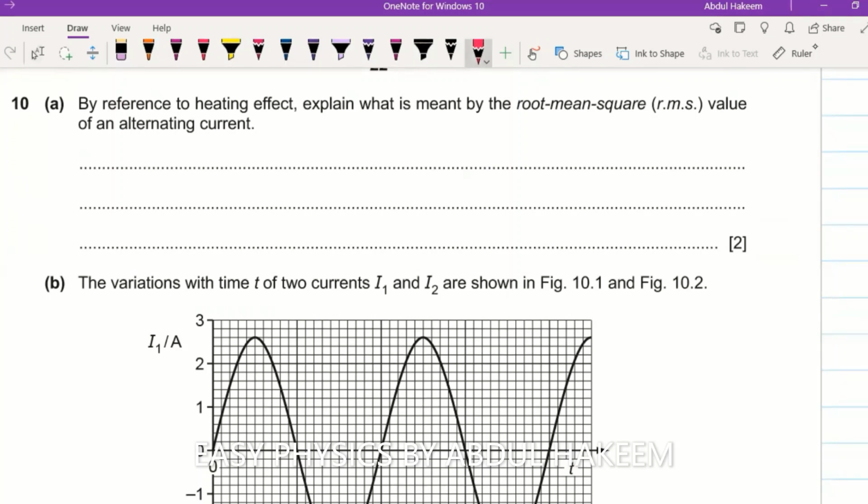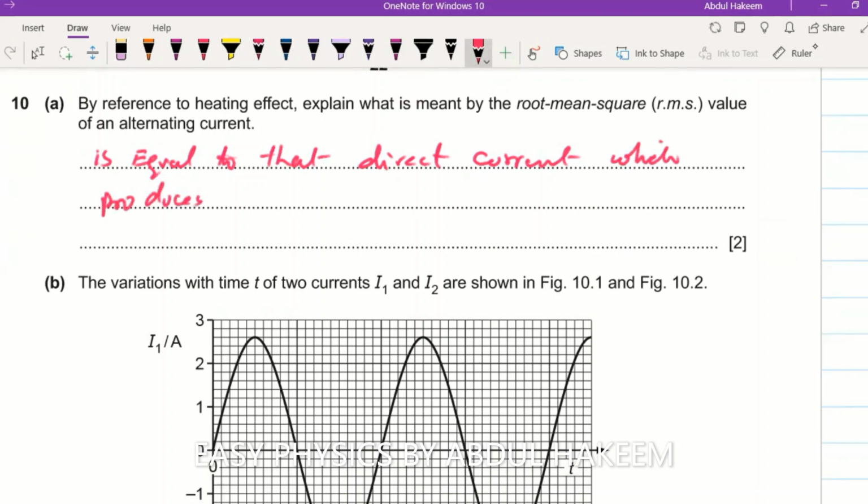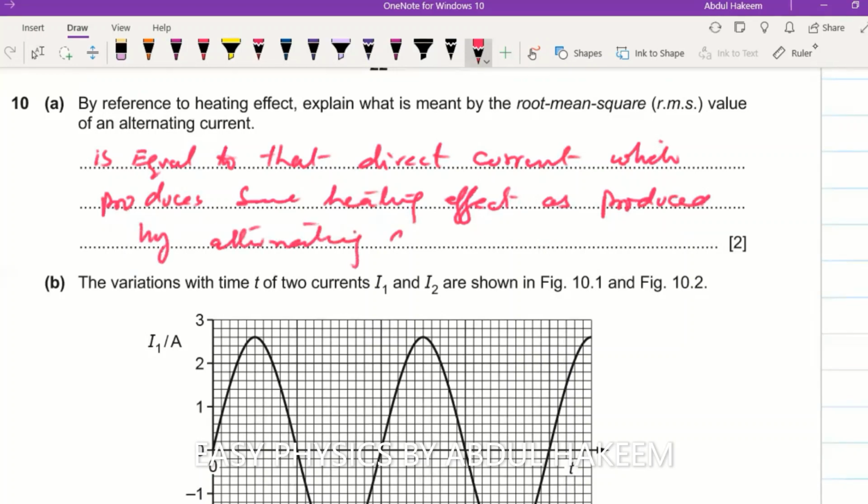The root mean square value of the alternating current is equal to that direct current which produces the same heating effect as produced by the alternating current.